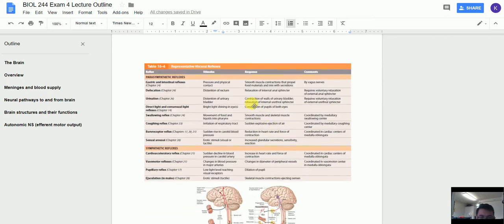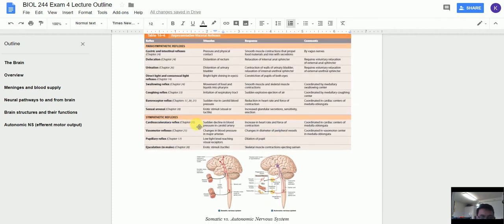Urination: contraction of the walls of the urinary bladder. Swallowing reflexes: medullary swallowing center. Sympathetic: cardioacceleratory reflex, increasing heart rate and contraction.